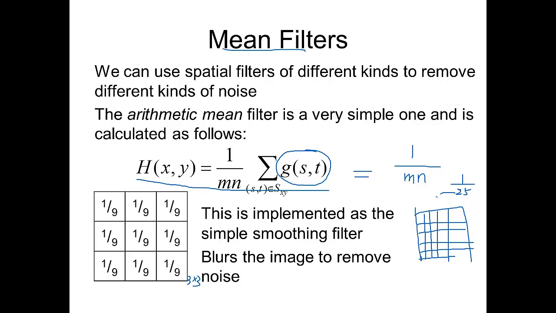So you put 1/25 here, here, here, here. Everywhere is 1/25. Also you can use 9 by 9, 7 by 7. Generally, we use odd sizes. We rarely use 2 by 2. So this is a 3 by 3.